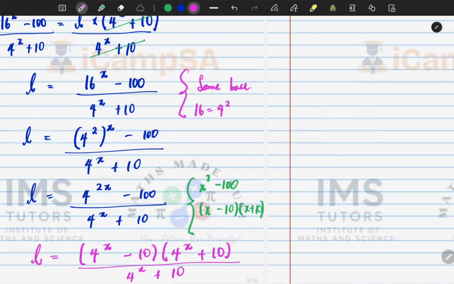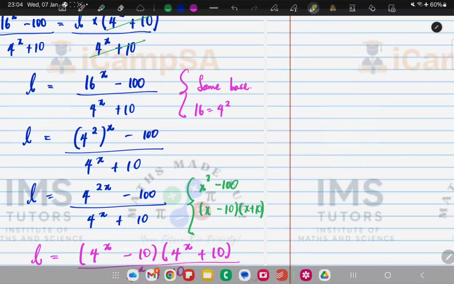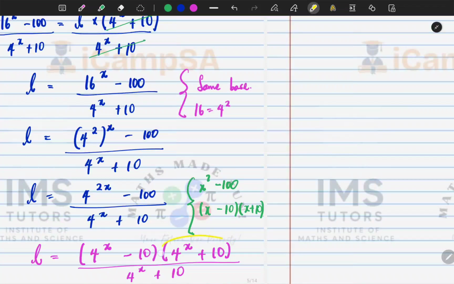So in this case, you have a numerator and a denominator that are similar. You have this and that which are similar, which means they can cancel out. When you have 4 to the power of x and 4 to the power of x, because you have the same base, you add the exponents, and it's going to give you 2x.